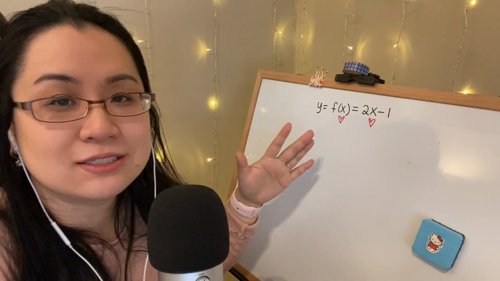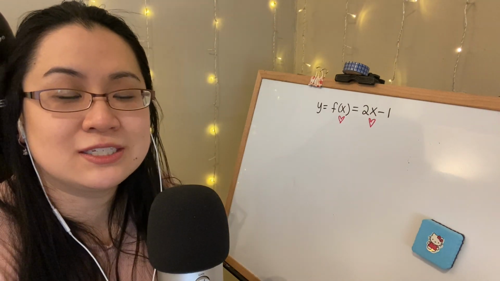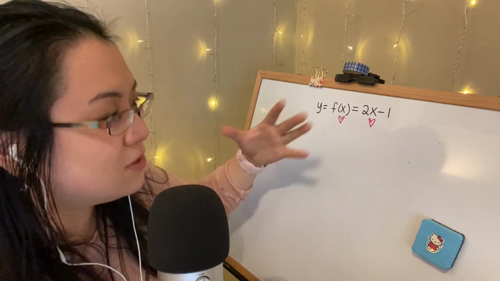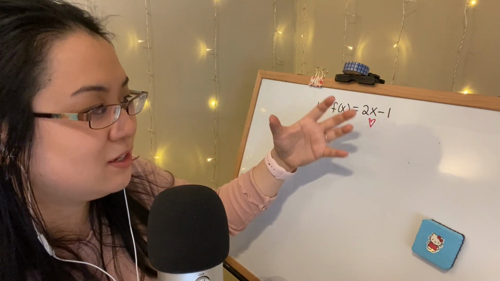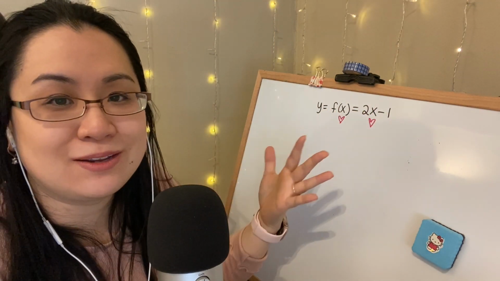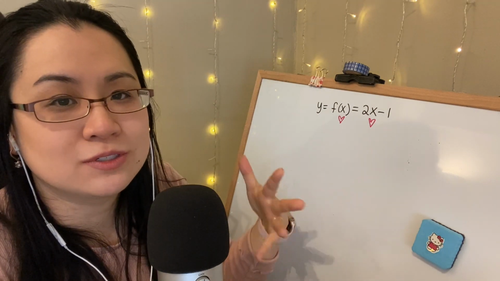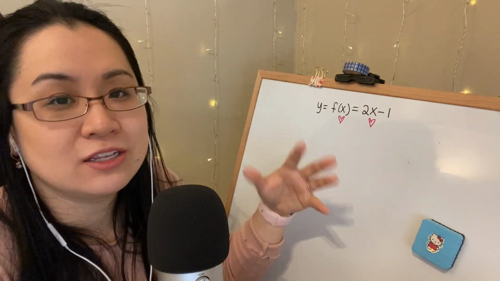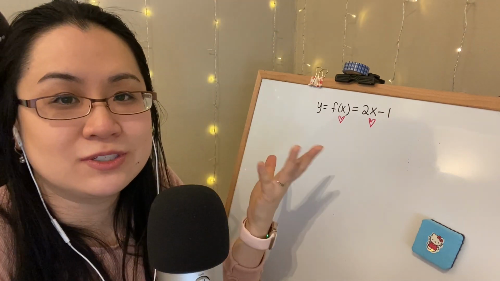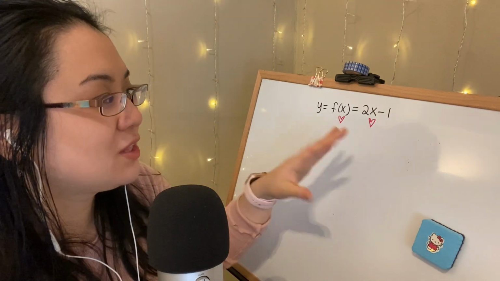So x is my input variable, so it's independent of anything else. As long as I'm giving you input values that don't break the math here, meaning you don't want to divide by 0, you don't want to take square roots of negative numbers in the real realm, you don't want to take trig functions of stuff that's not in the domain, that kind of thing.